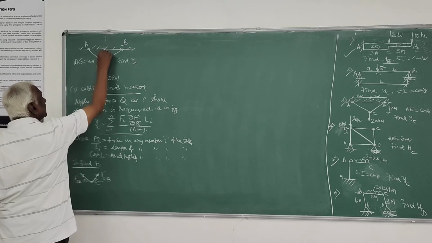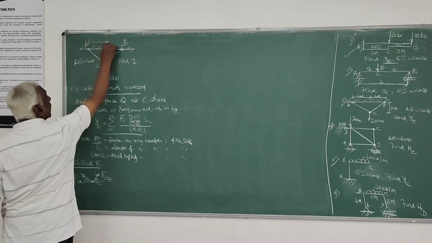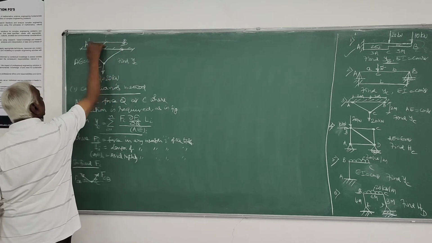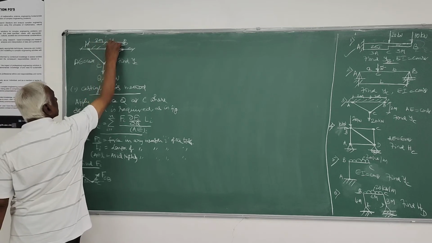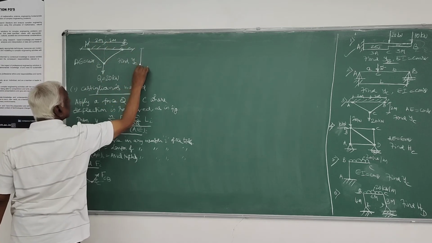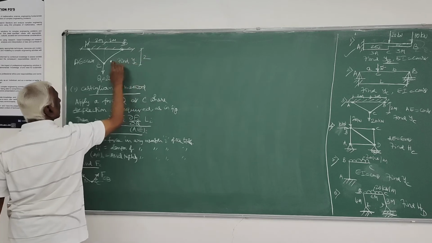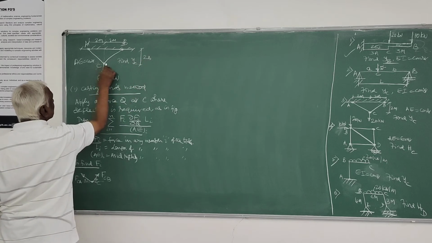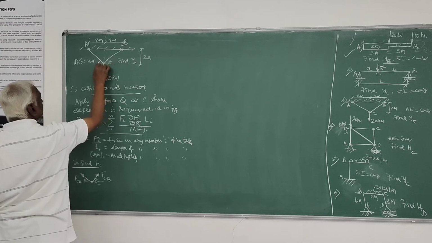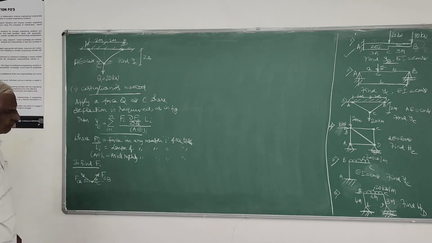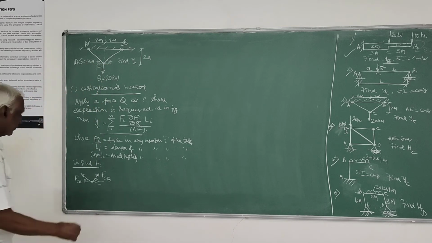And here the values given are 2 meters, and depth is also 2 meters. So we have to find this angle theta from this. If it is given, straight away you can use it.